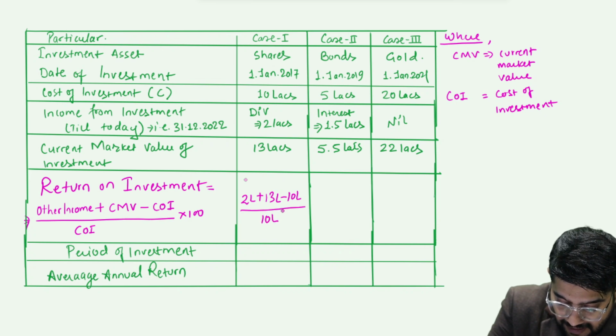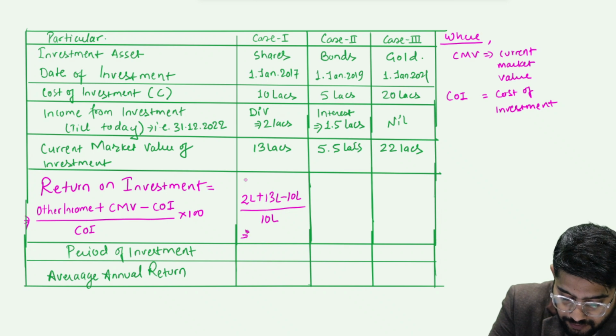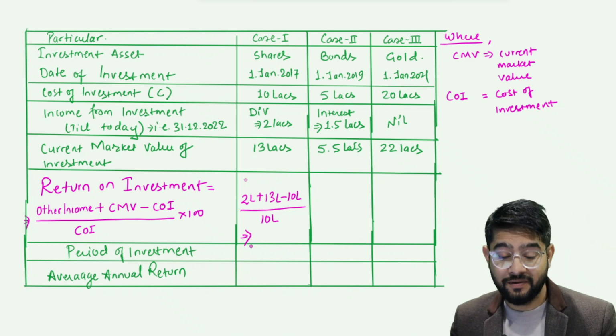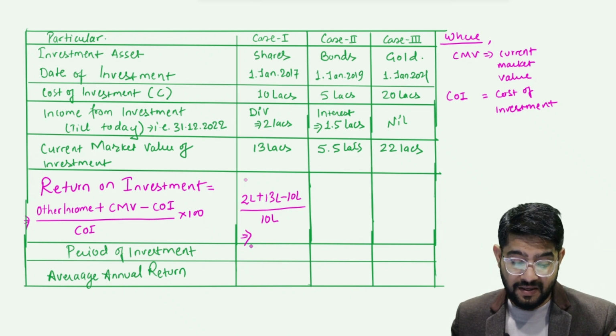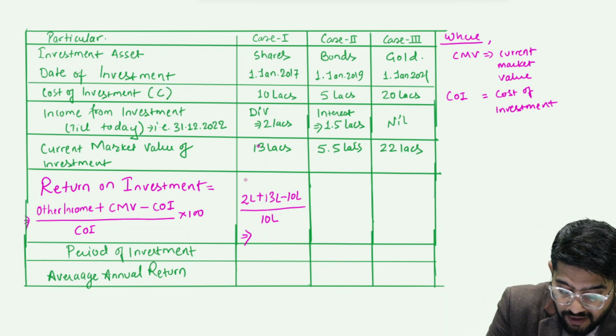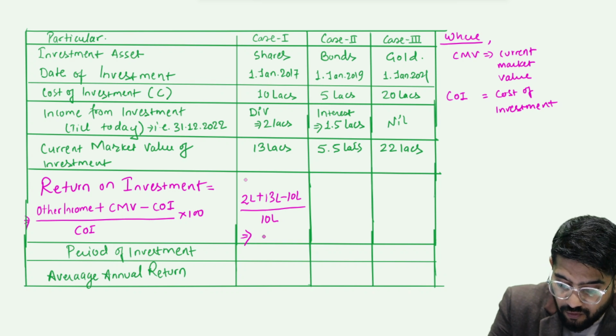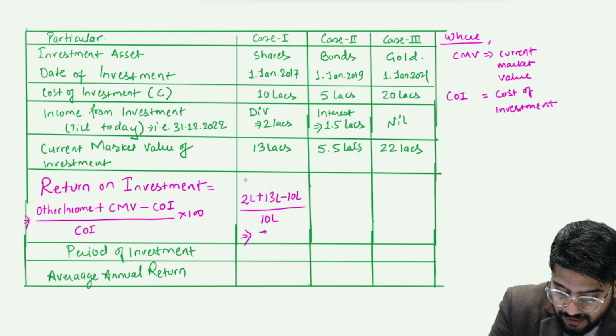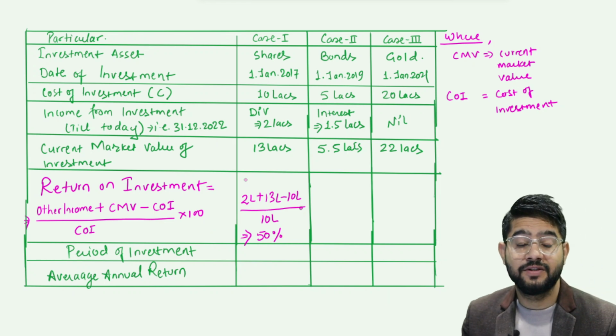So this is how much? 5 lakh is our total return, and we have made an investment of 10 lakh. So over the period of 5 years, we have made a return of 50%. If we multiply this by 100, we will get the percentage.